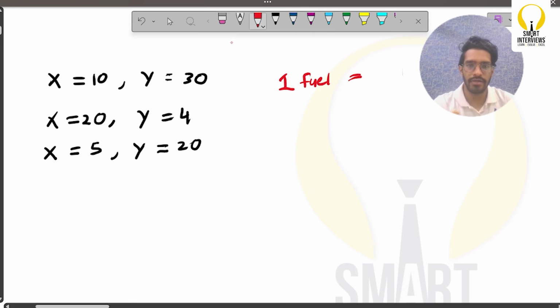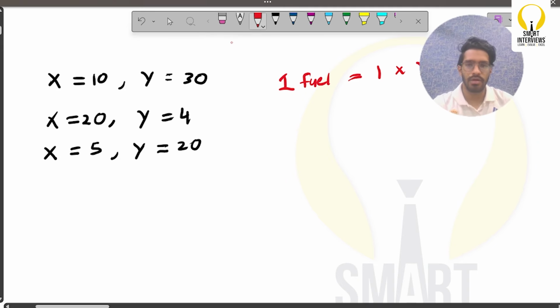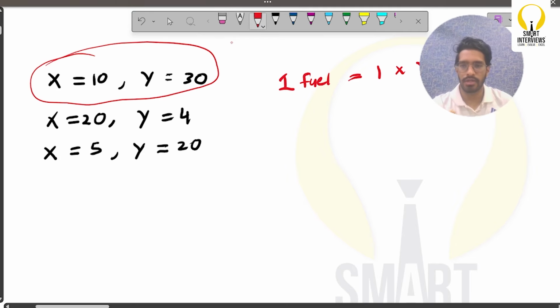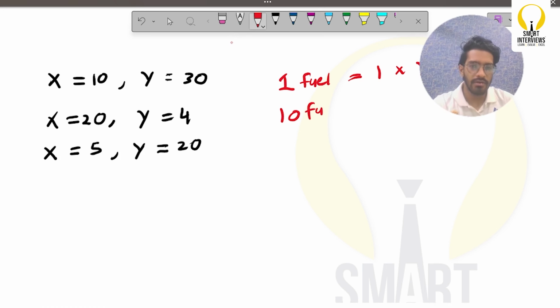Or if I put it in a different way, it is 1 into Y kilometers, because we have exactly 1 unit of fuel. Now, by looking at this, what can we do? If I wanted to travel 100 kilometers, and if I have exactly 10 units of fuel left in my tank.